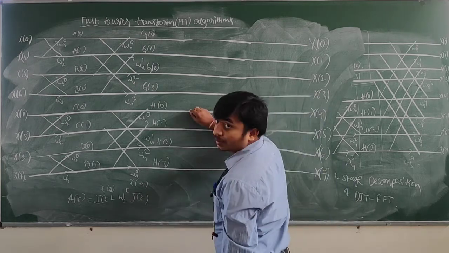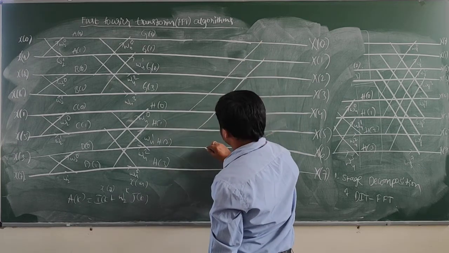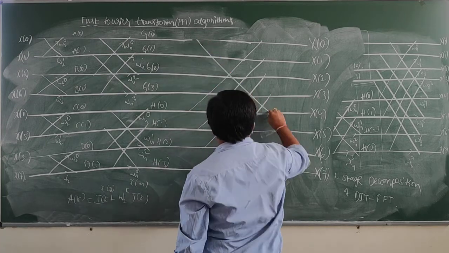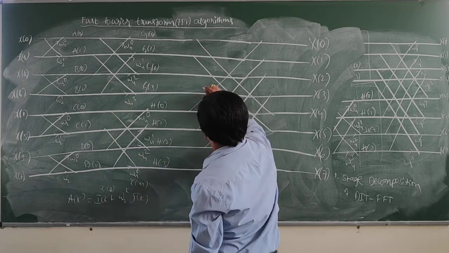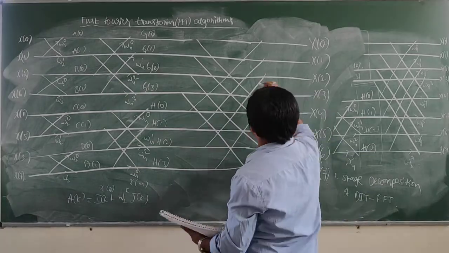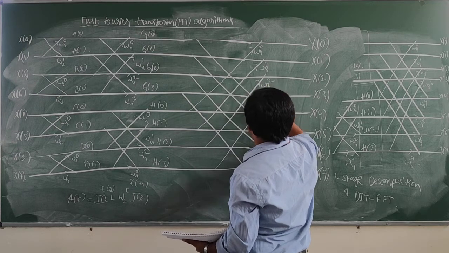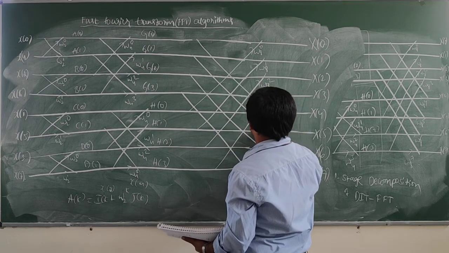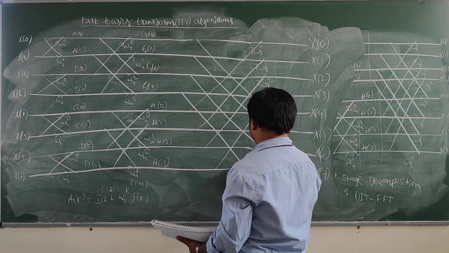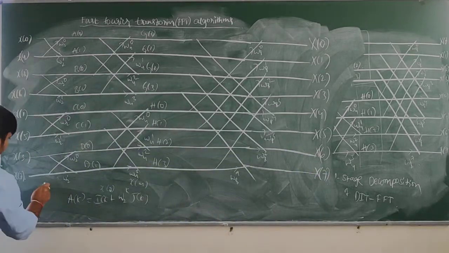Okay. So here 1, 2, 3, 4. So here 1, 2, 3. So this is W8 power 0, W8 power 1, W8 power 2, W8 power 3, W8 power 4, W8 power 5, W8 power 6 and W8 power 7. Okay.